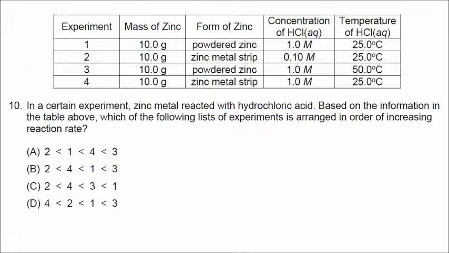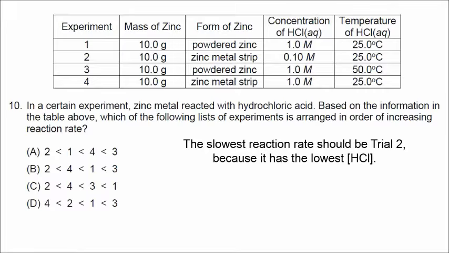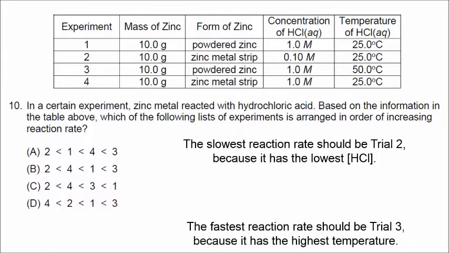Number 10, we have 4 different experiments. Which one of them is the slowest and which one of them is the fastest? So we can put them in order of increasing reaction rate. The slowest experiment should be trial 2 because it is involving the lowest concentration of HCl. The fastest experiment would be trial 3 because it involves the highest temperature.